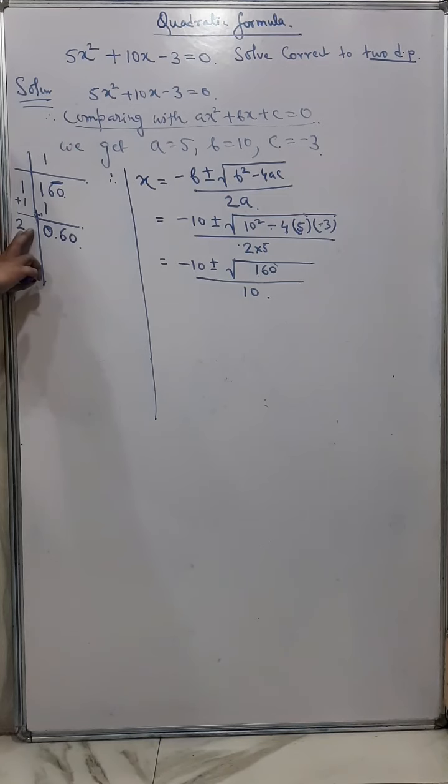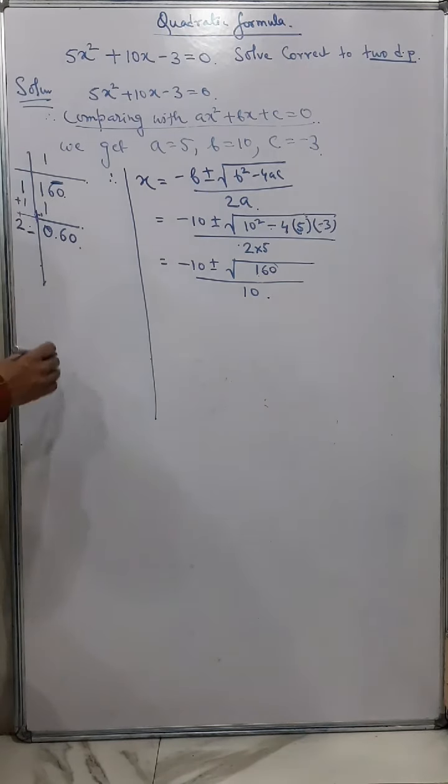It's a 2 digit number. So it's not 1 plus 1 we got 2, but an incomplete 2 digit number. Now what number should I put here? I should put the number such that if I multiply this 2 digit number with that number, I get this number or nearest to it. You understand what I mean?